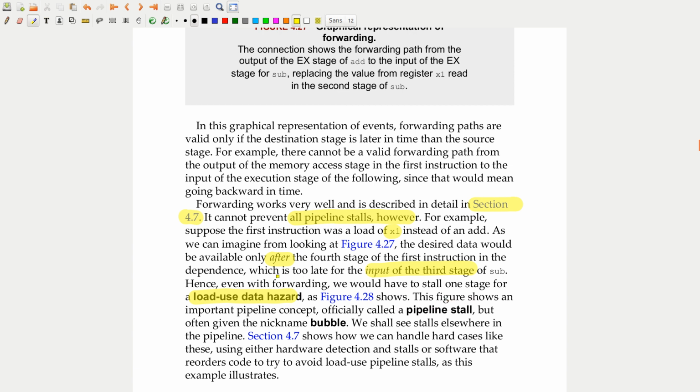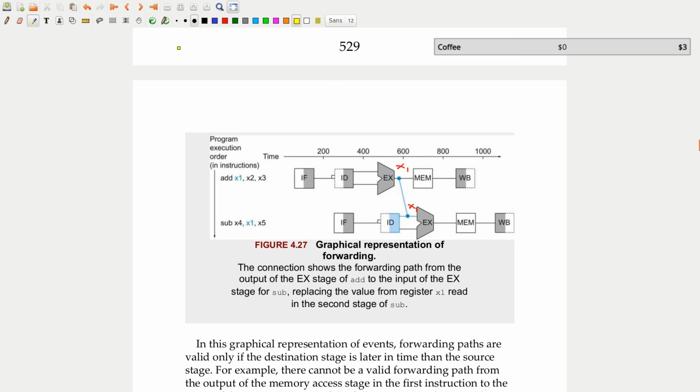This figure shows an important pipeline concept, 4.2.8, that we call a stall, and sometimes we call it a bubble. What they're saying is, if we were to load something from memory, we would only be able to do it here. So we're not able to go back in time and provide this value in the past.